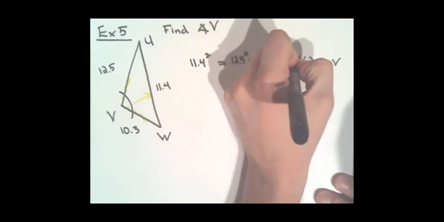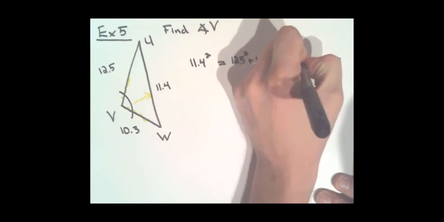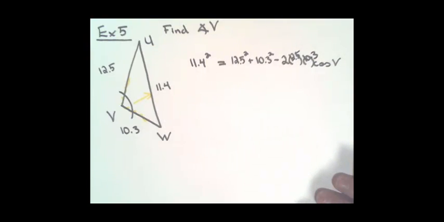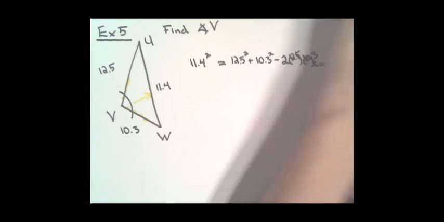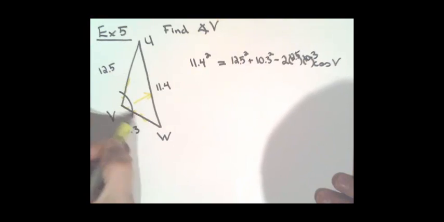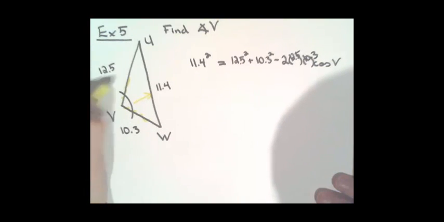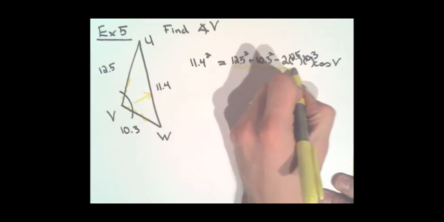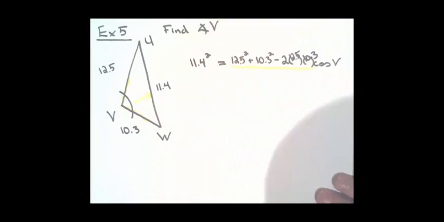So 2 times 12.5, and then times 10.3. So essentially, the two numbers that are sandwiching 12.5, that yellow, and then 10.3, they go in here in that order.